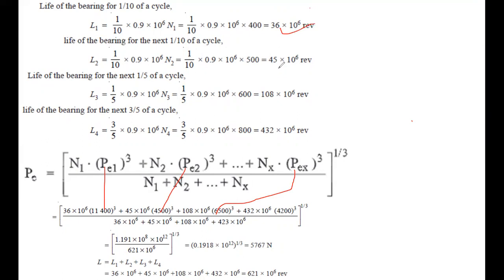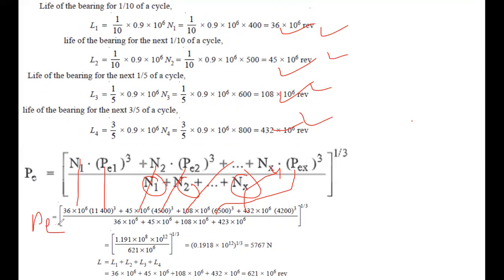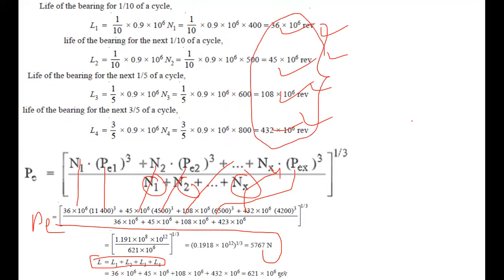And N1, N2, N3, N4, divided by again N1, N2, N3, N4, which are these values. So you will find equivalent bearing load as 5767 Newton. If I want to find out the total life of the bearing, then it will be L1 plus L2 plus L3 plus L4, which turns out to be 621 into 10 raised to 6 revolutions. Numerical is not finished.